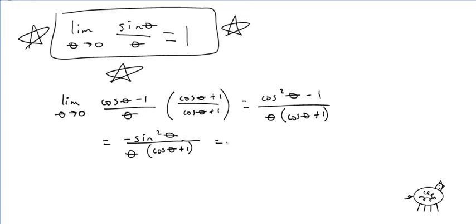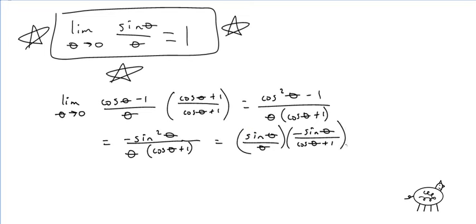And then I can split that up to sine of theta over theta times negative sine of theta over cosine of theta plus 1.